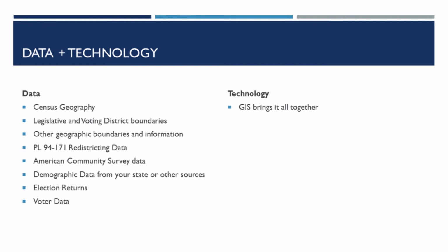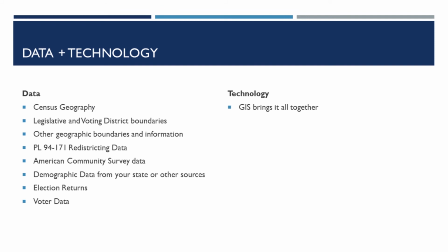For instance, there may be neighborhood lines, school districts, court districts, agricultural use patterns, regional planning districts, any kind of geography that you feel helps you as you discuss communities of interest or as you work on your maps could be added in. Then there is the redistricting data that I've discussed and the ACS data.